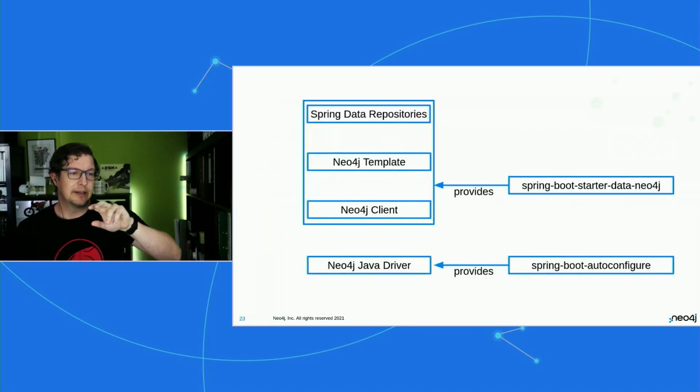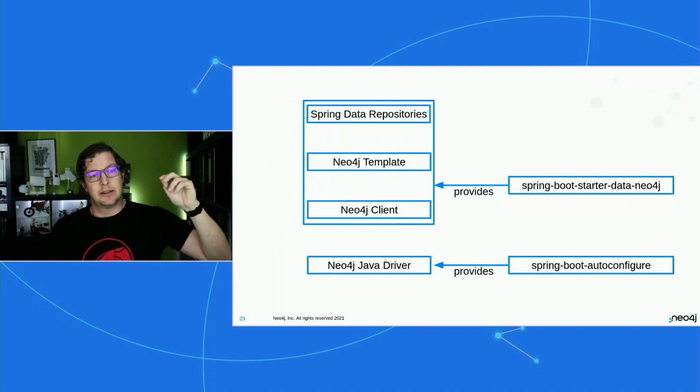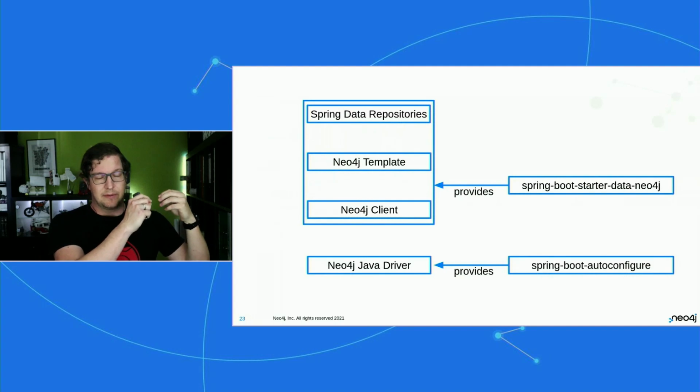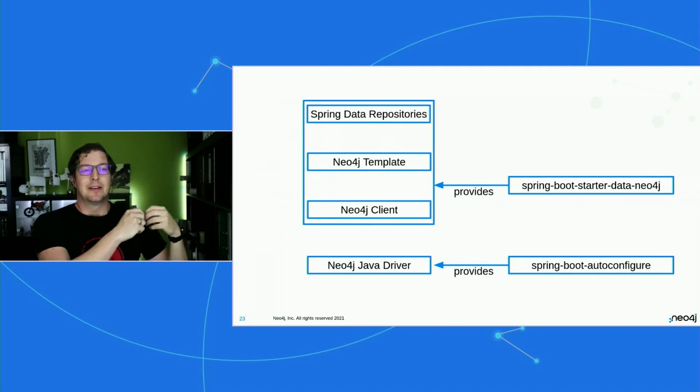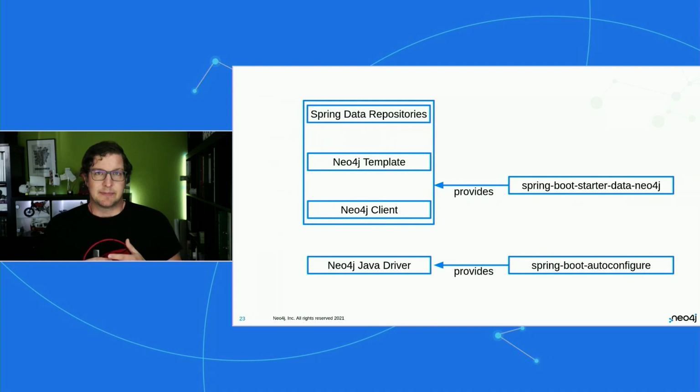If you provide the dependency for the Java driver, SDN will automatically make use of this configured instance. There's no parallel instance provided by Spring Data Neo4j. It's always based on this pre-configured Java driver.